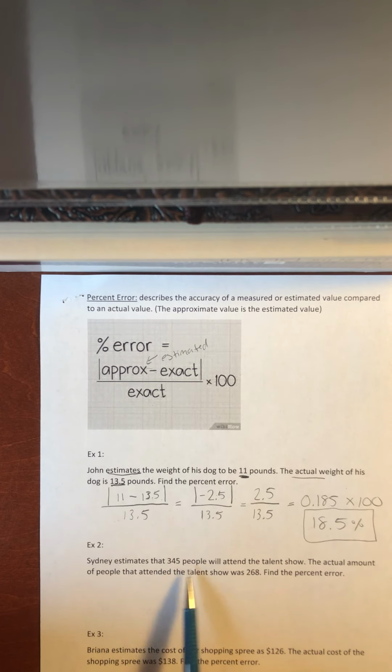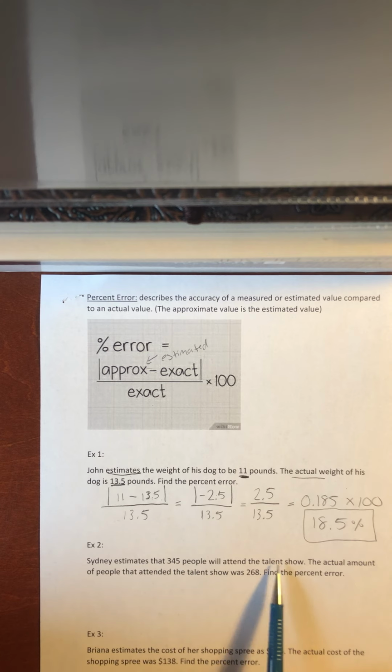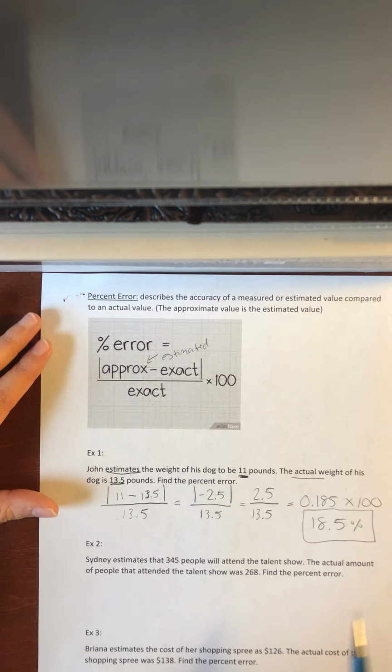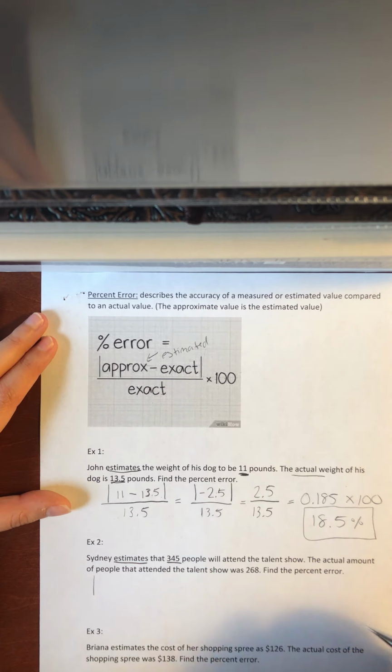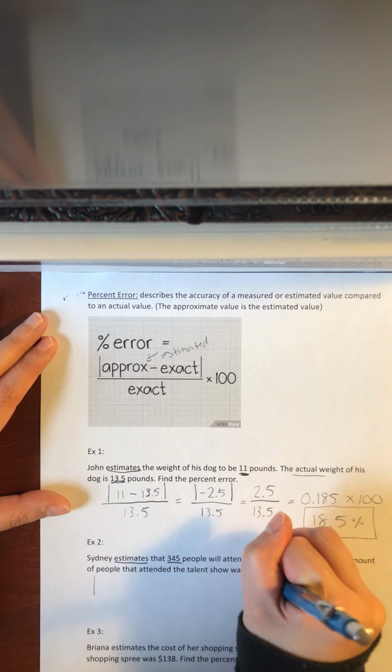Sydney estimates that 345 people will attend the talent show. The actual amount of people that attended the talent show was 268. Find the percent error. Okay, so the estimated amount is 345 and the actual amount is 268.